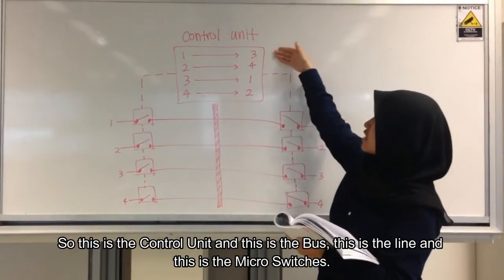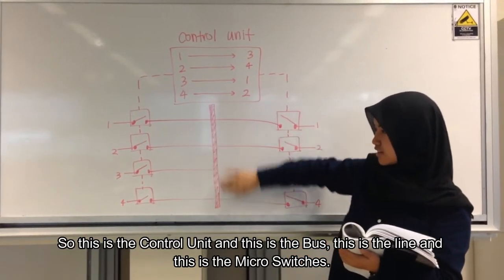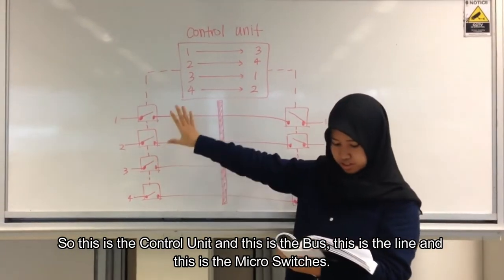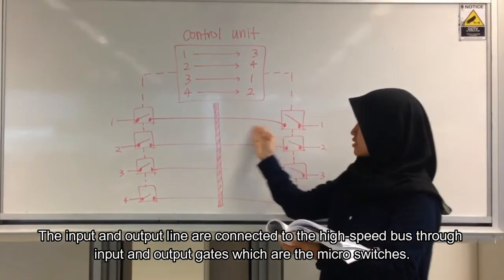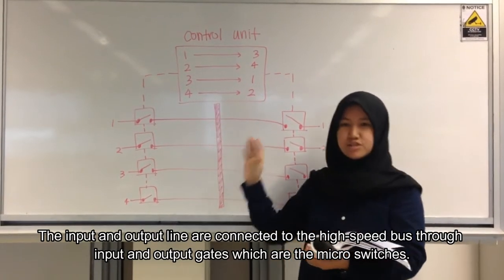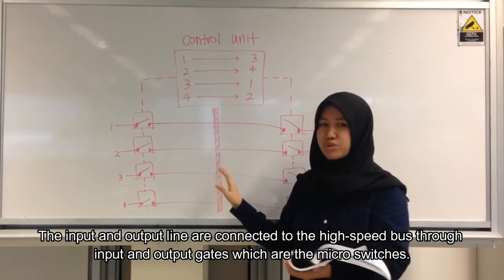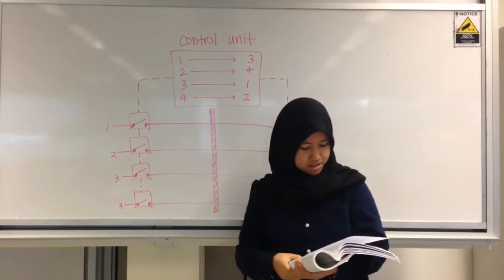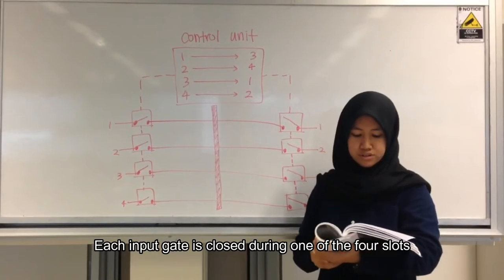So these are the control unit, and this is the bus, this line, and these are the micro switches. The input and output lines, this line, are connected to the high-speed bus, which is this one, through input and output gates, the micro switches. Each gate is closed during one of the 4 slots.